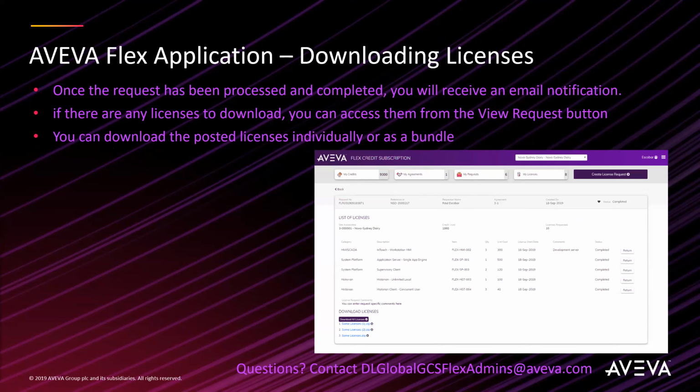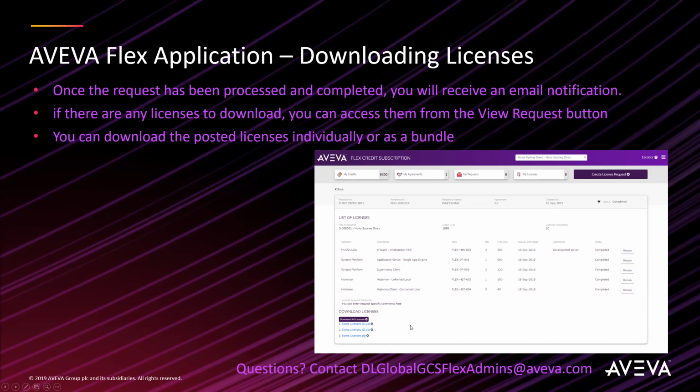Once the license administrator has completed the order, you'll receive an email that says so, and also on the list, it'll appear in the completed status. And so you can view the order, and you'll see any licenses that are attached down below with links to each set that have been loaded.